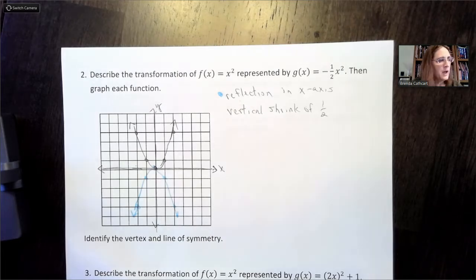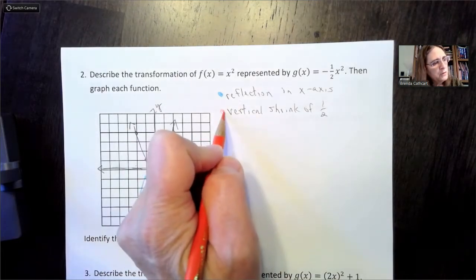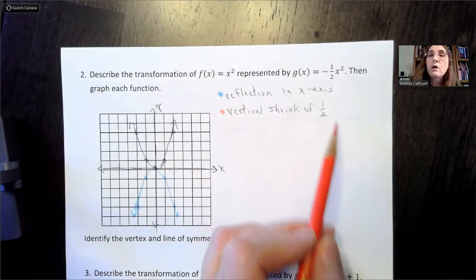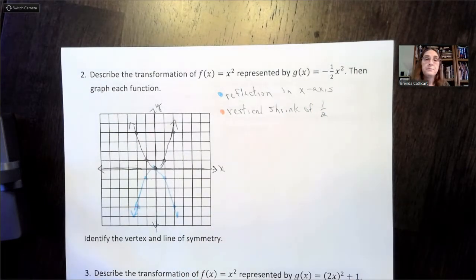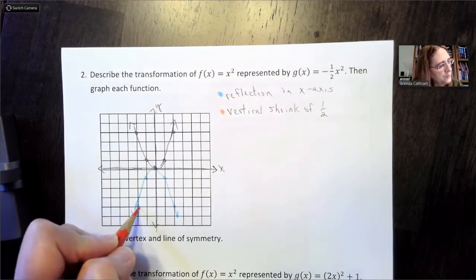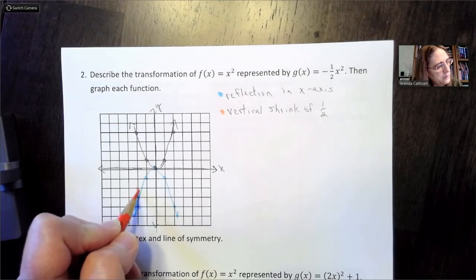Now let's take that, and we want to do a vertical shrink of 1/2. That means all of the y-coordinates are 1/2 as large. So we're going to take all of our y-coordinates in our reflected graph and multiply them by 1/2. Here we have a y-coordinate of -4. -4 times 1/2 is -2.